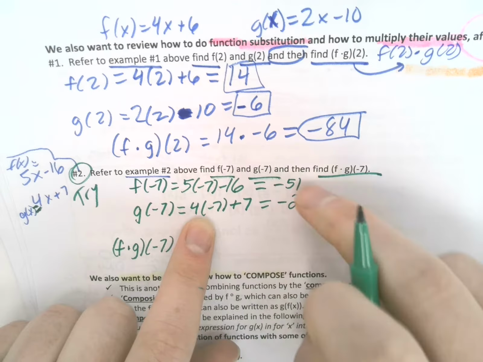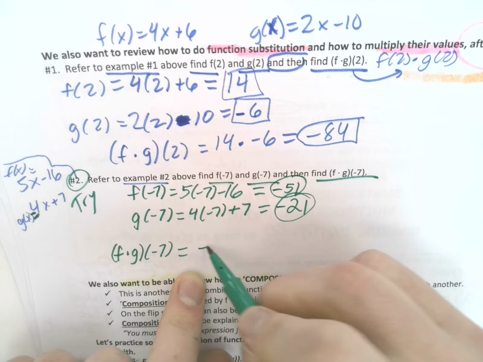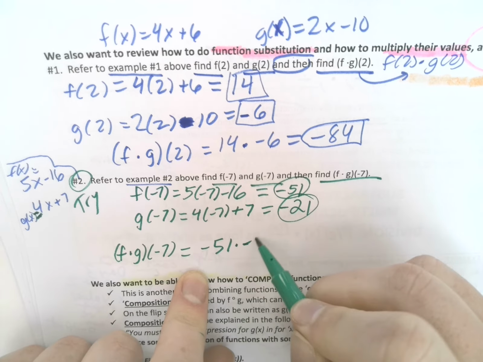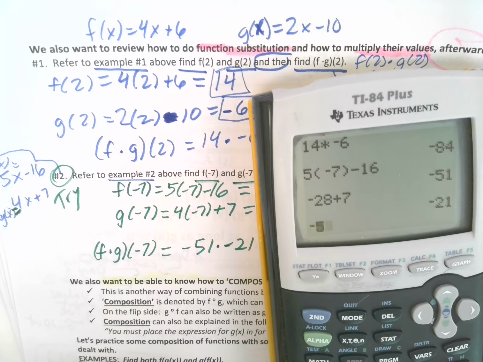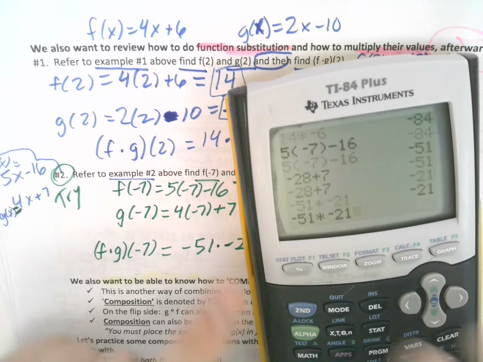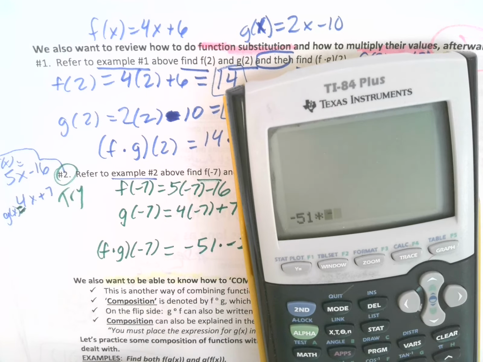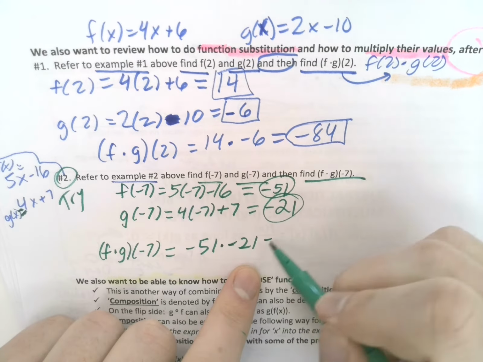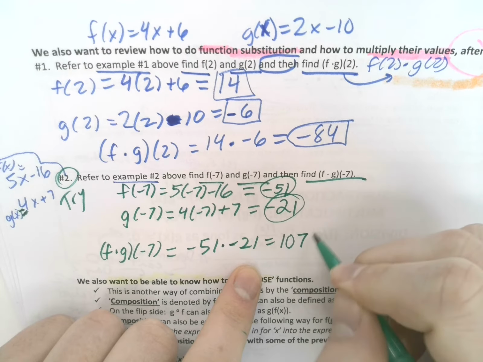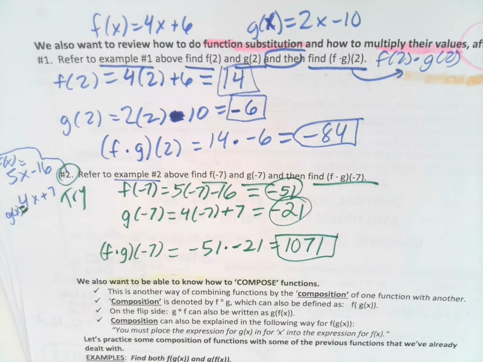And now we're going to take both these answers and multiply them together. We're going to get a ginormous number here. So negative 51 times negative 21 will be, oh, calculator died, 1,071. My goodness. So that would be both answers multiplied together.